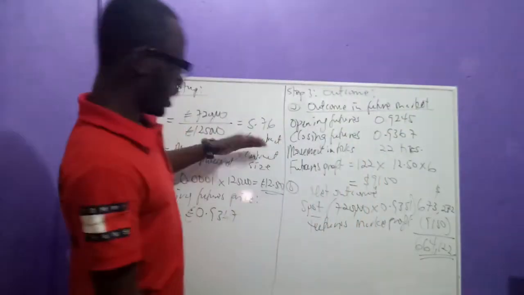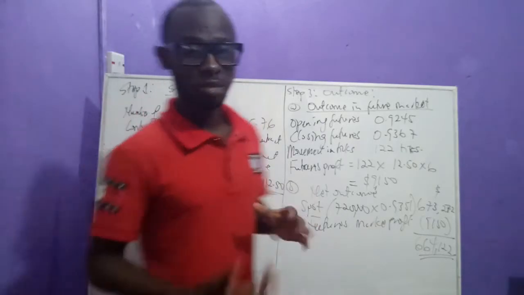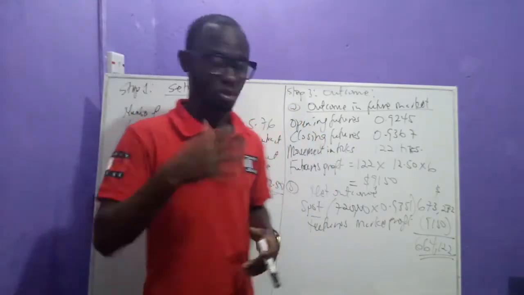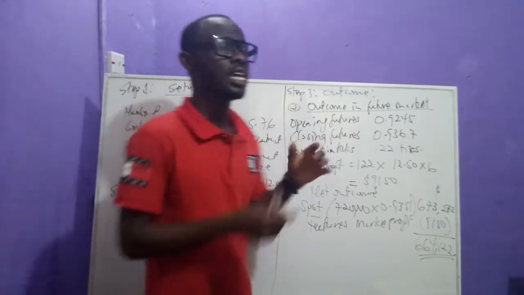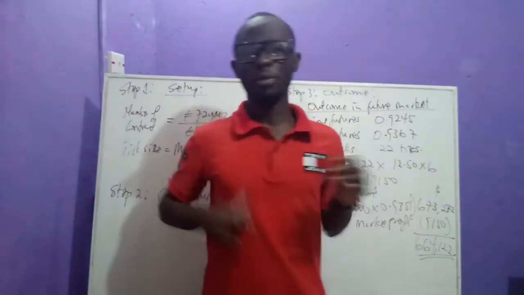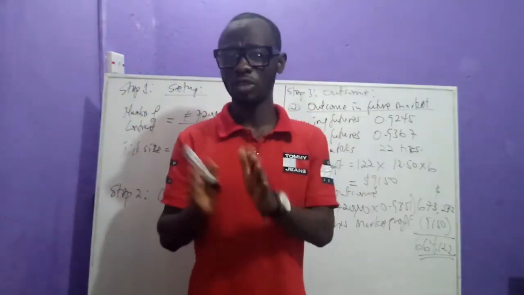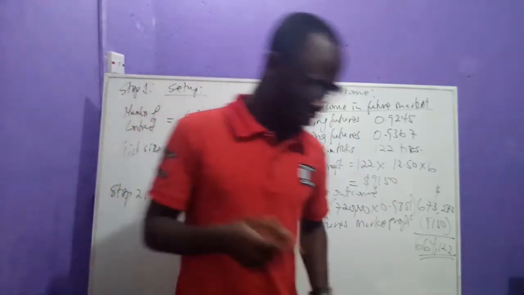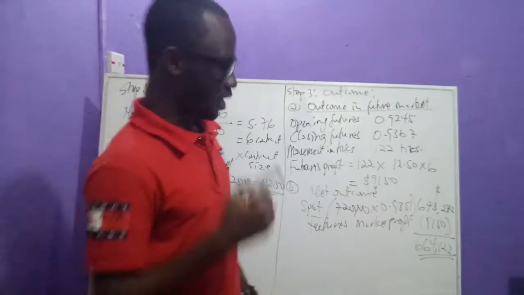So there is going to be some level of inefficiency because of the whole number we are dealing with. If we were dealing with 5.76, then it could have been efficient. But because the contract is standardized and we have to deal with whole numbers, the efficiency of the technique is going to be impaired.